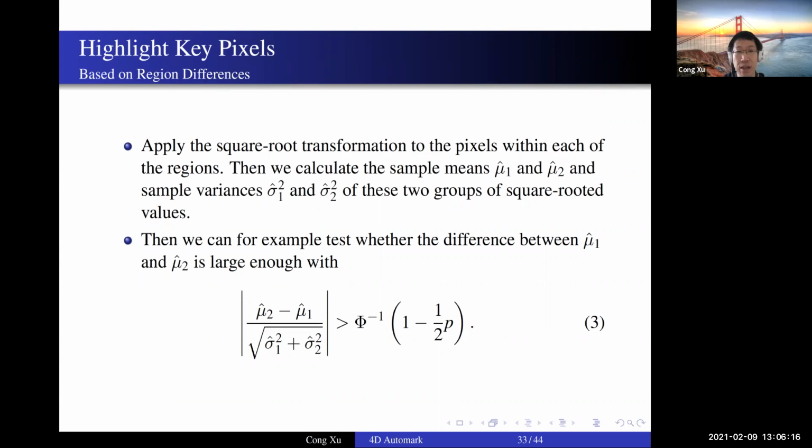In that case, we can calculate the sample mean and sample variance for these two regions, and then do a test, close to just comparing two normal distributions.